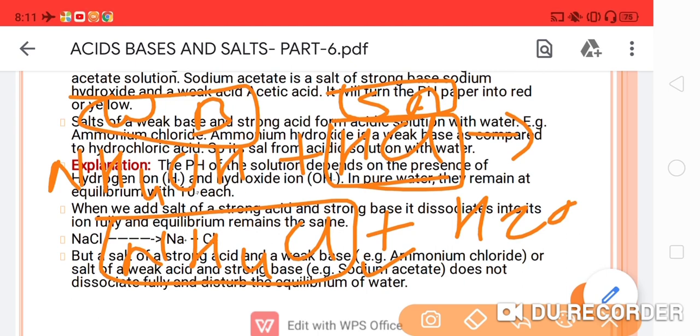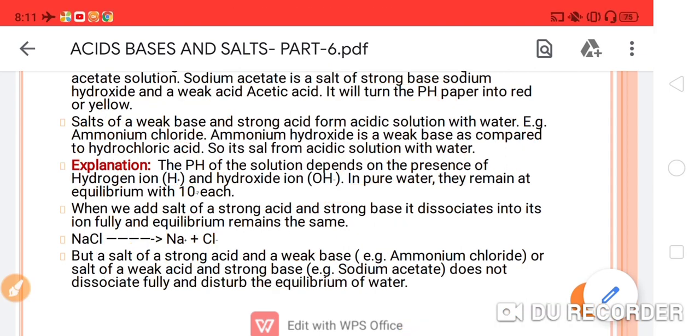Means here the acid is strong, so it will dominate. If here is a strong base and a weak acid, at that time the base will dominate because it is strong. So it's a salt that forms an acidic solution with water.